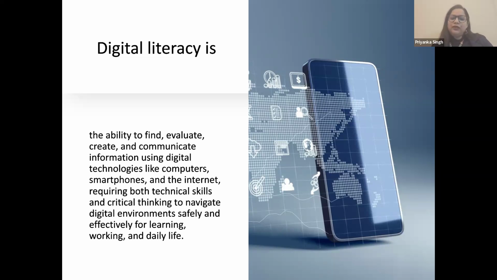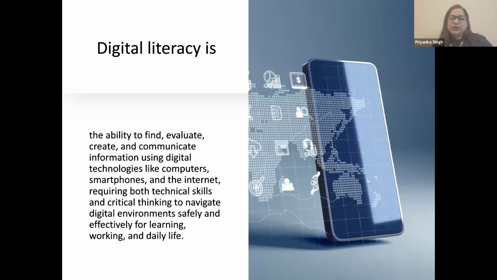What we need to do is enhance our technical skills and creative skills also, so that we can navigate and swim in the digital environment safely. When I'm using the word safely, trust me, it is a very big word, because the digital platform is so wide that we will not be able to understand what is correct and what is not correct.